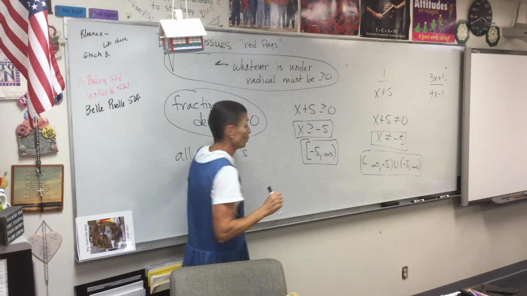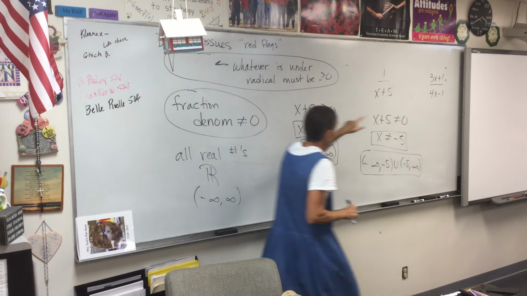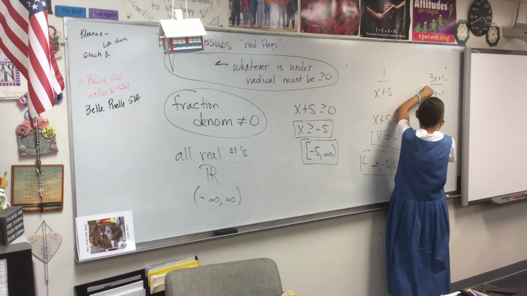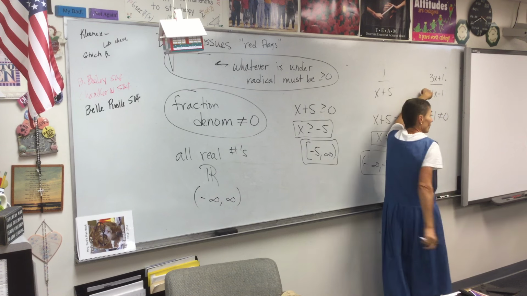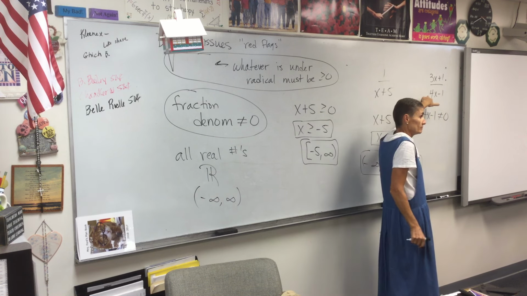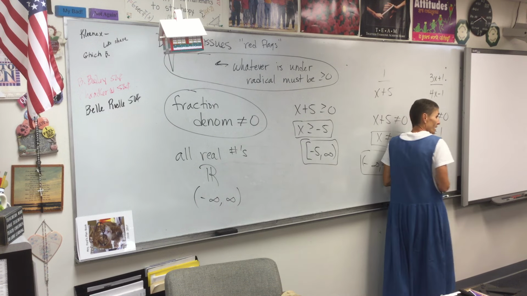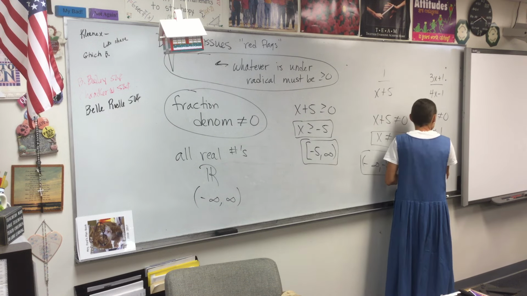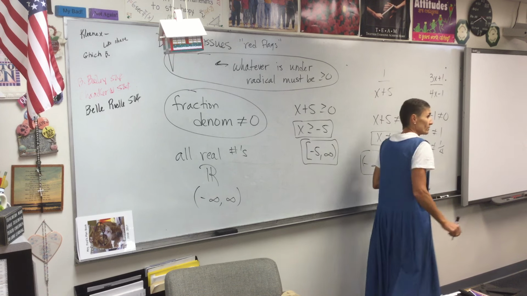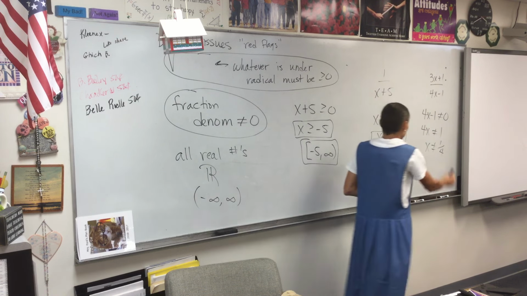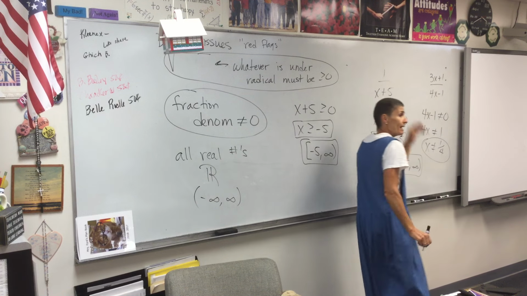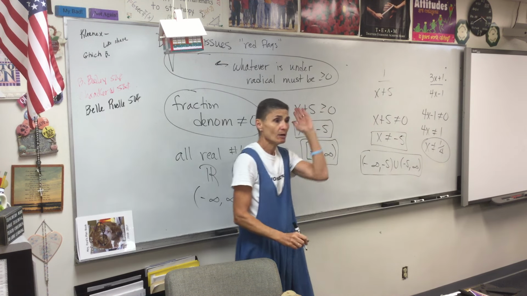And what's the rule for fractions? Denominator cannot be 0. Which means 4x cannot be 1, and x cannot be 1/4. So what's my domain? X can't be 1/4.